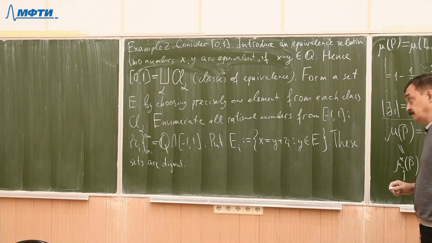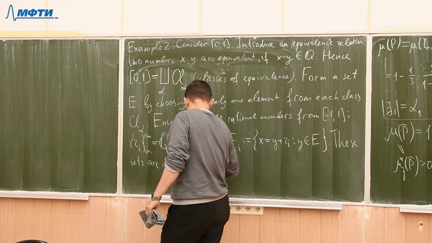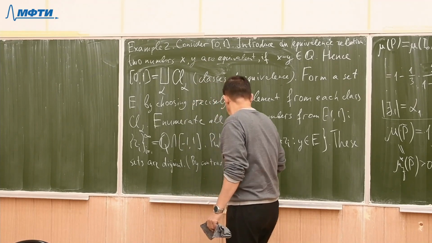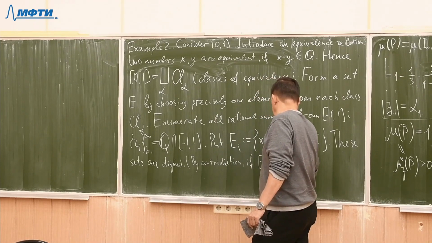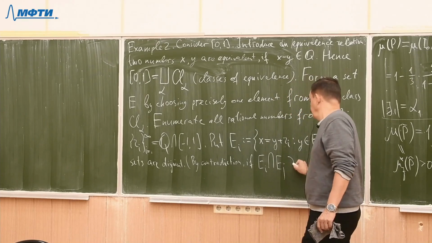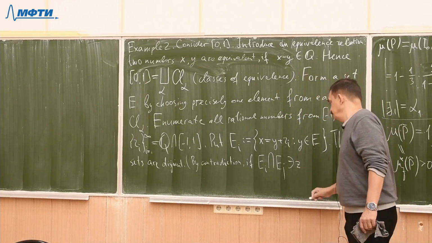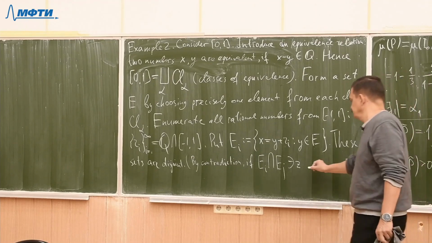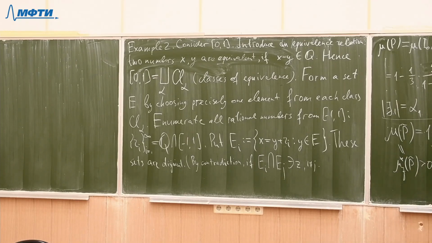Why? By contradiction. If E_i intersected with E_j contains a point Z, let's say, and i is not equal to j, what does it mean?